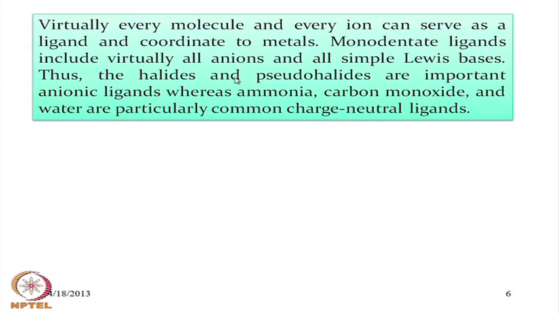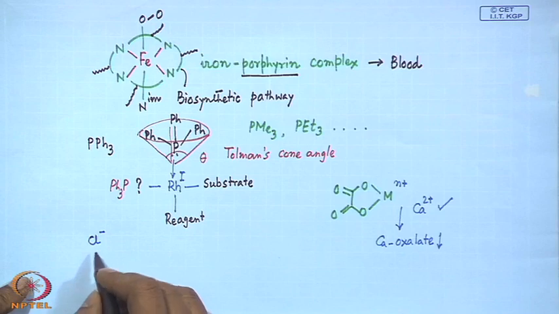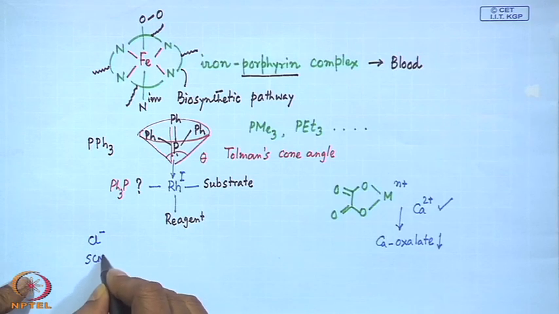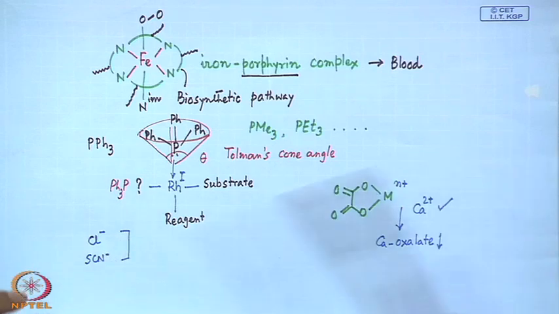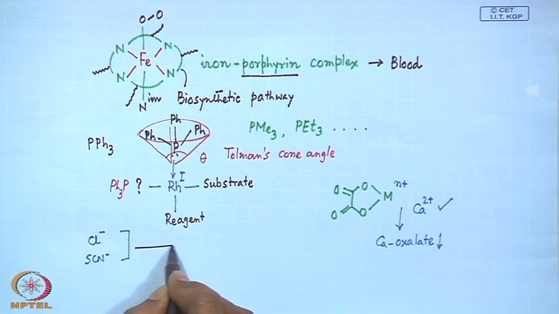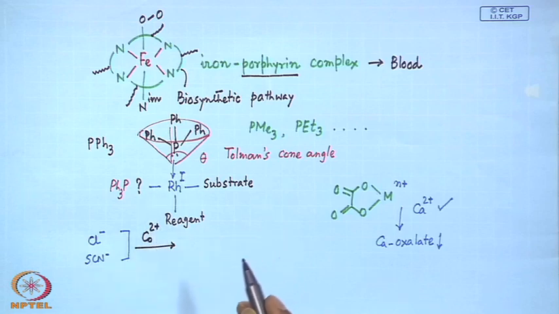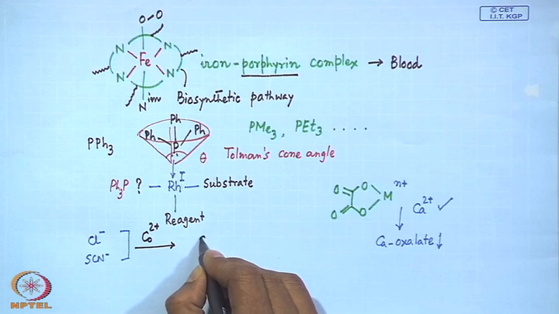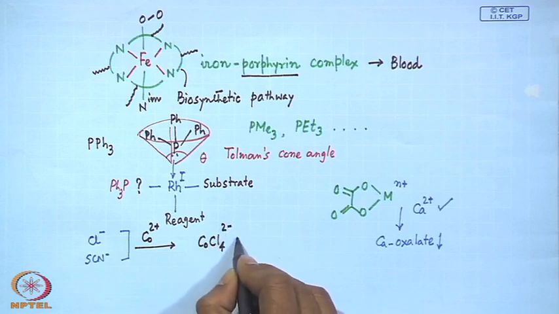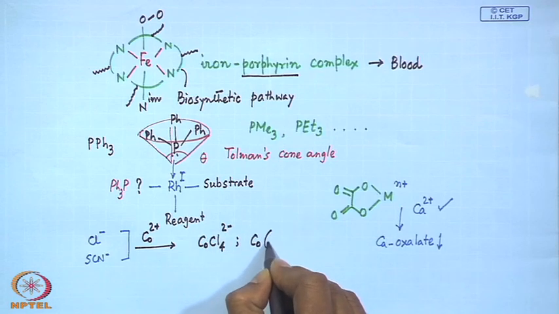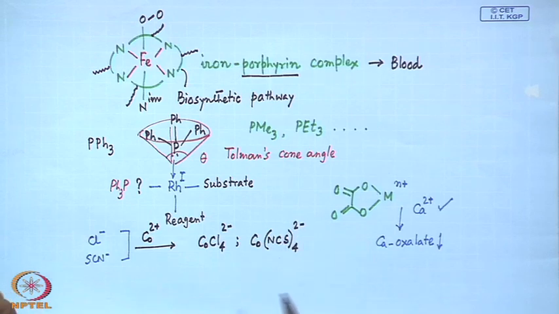So, when we have the halides and pseudohalides, like Cl minus or SCN minus, if we look at how they bind to cobalt 2 plus, these will form only tetrahedral species, not octahedral.